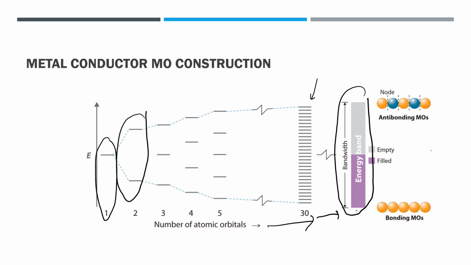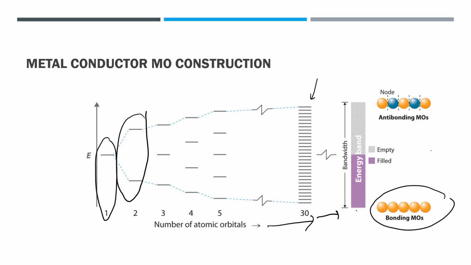These energy levels are going to become continuous, a continuous set of molecular orbitals, which we call the energy band, right? And just as I showed in the previous slide, we have the bonding molecular orbital with 0 nodes, and the antibonding where we have all the nodes.